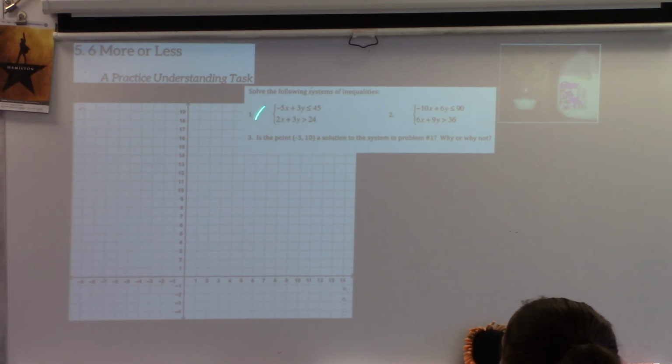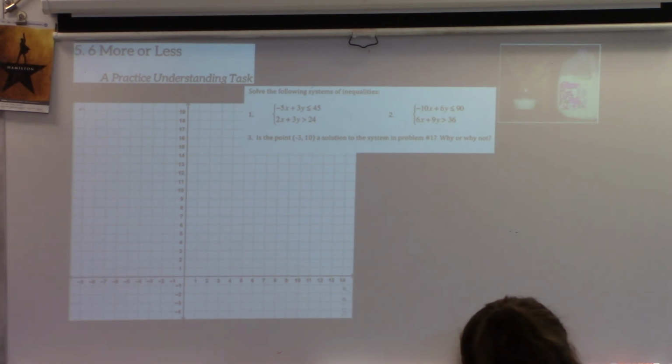If I'm going to find the solutions to this system, what am I looking for? You first have to make the boundary line for both, and then where both the inequality solutions overlap. So those shaded regions overlap, right? The solutions to both inequalities. Shaded regions where they overlap.